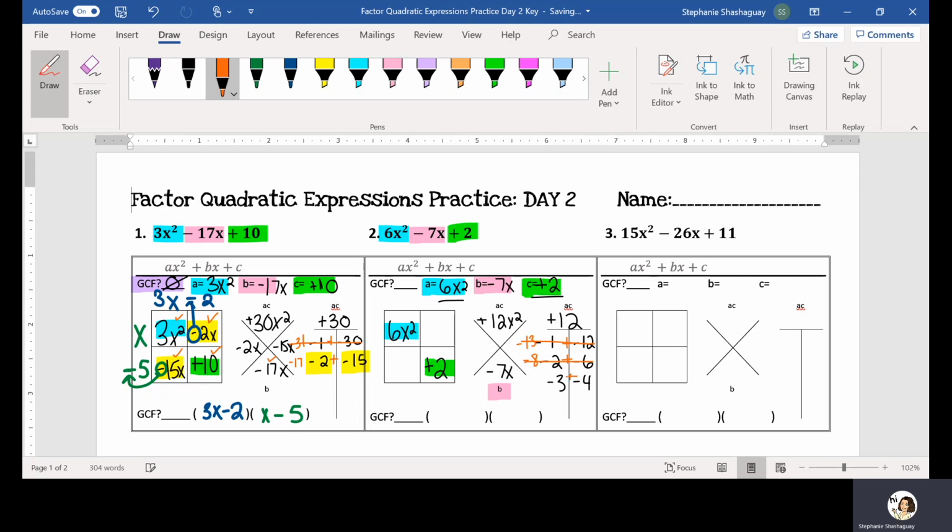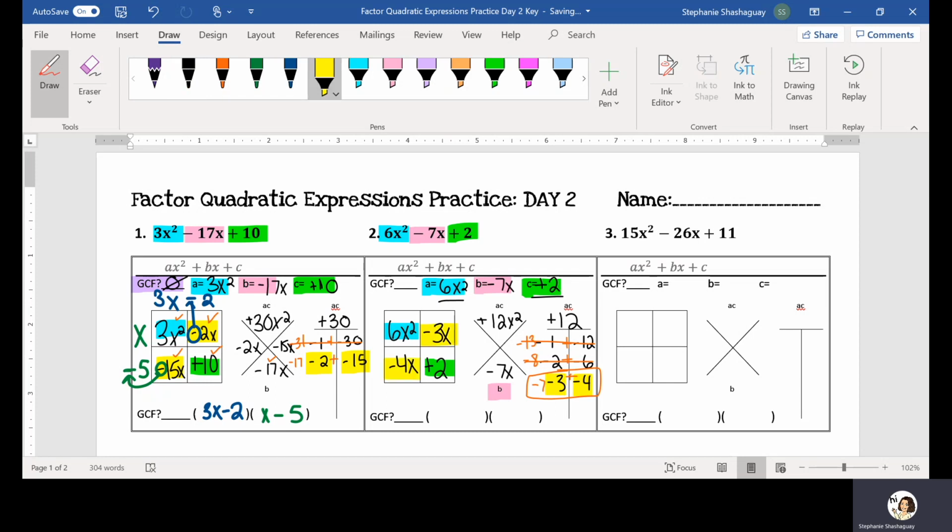If I add those two numbers together, I'm going to get a negative 7. Well, those are the factors that I'm looking for because they add together to give me a negative 7 and multiply together to give me a positive 12. So I can fill in my box now, which is a negative 3x and a negative 4x.